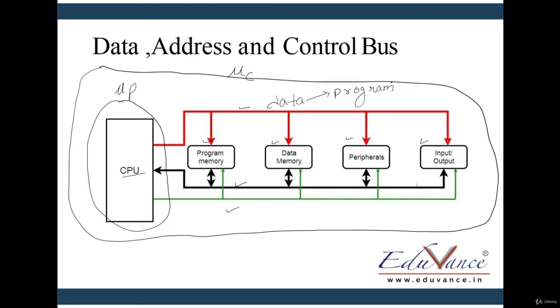The program is the data which will control the CPU. CPU will work according to the program. Then you will have other data which you can process. Since you don't have a single data, you have multiple data, to access that data you will require something called address lines. So these are the address lines.